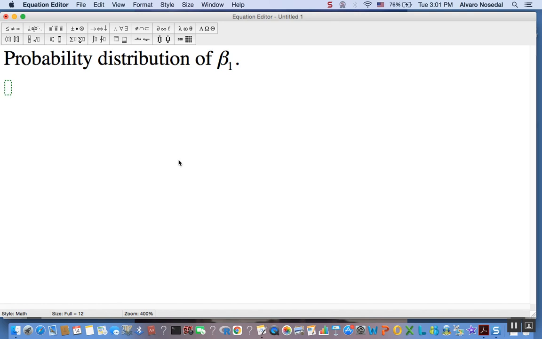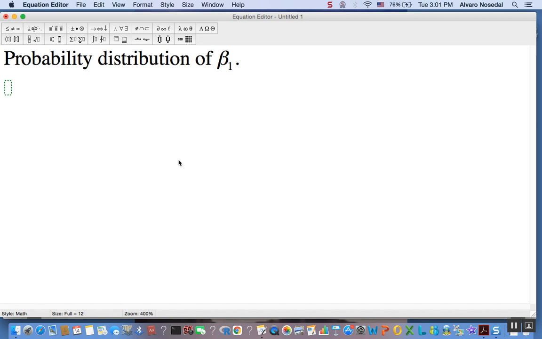Okay, before we talk about the distribution of beta1, let me remind you that in order to perform hypothesis tests and set up various types of intervals when using the simple regression model, we need to make certain assumptions about the error term values, the epsilons.